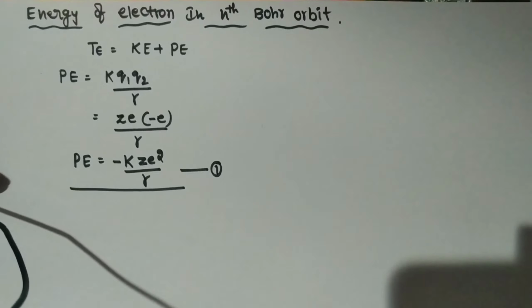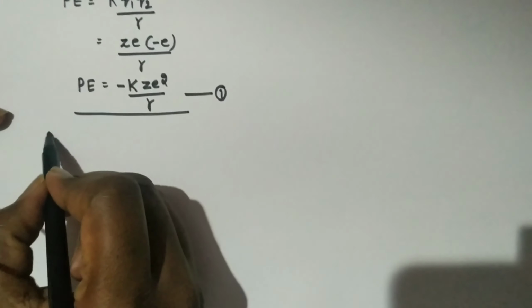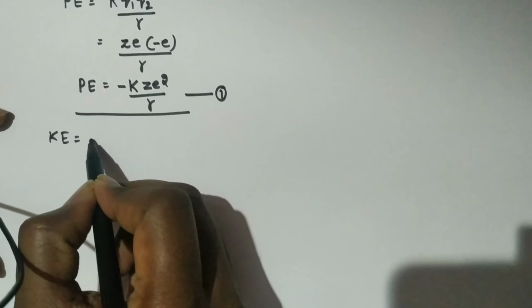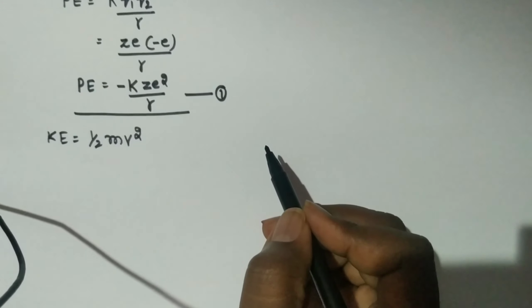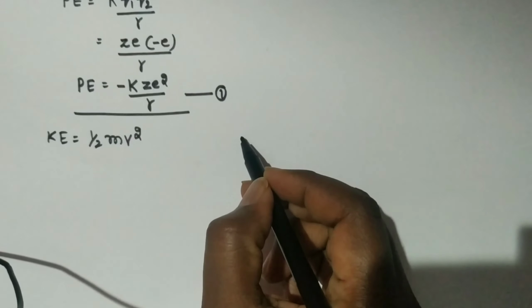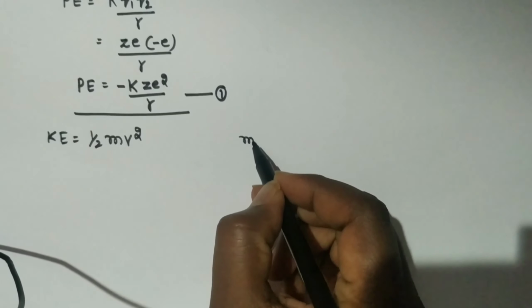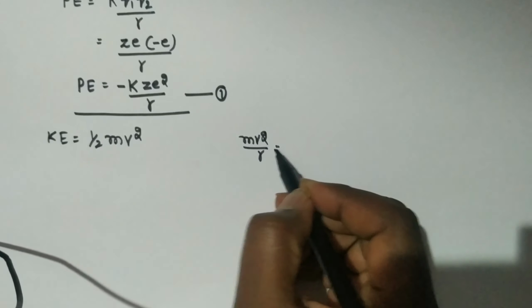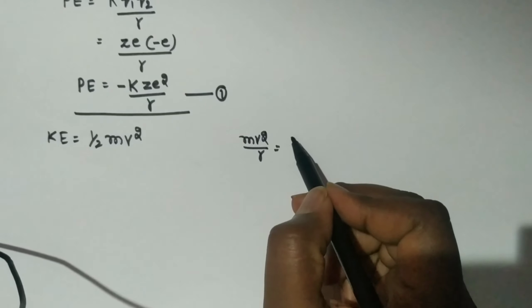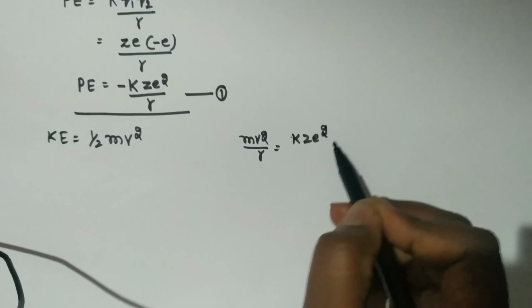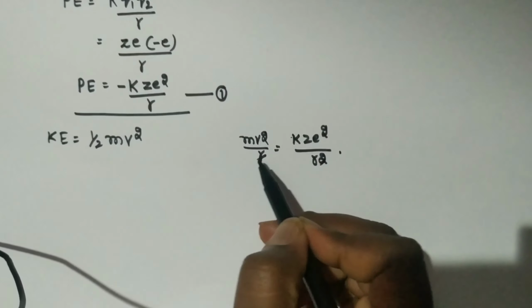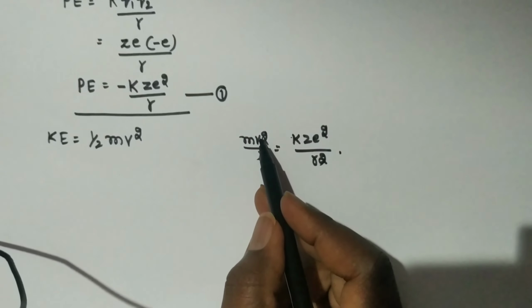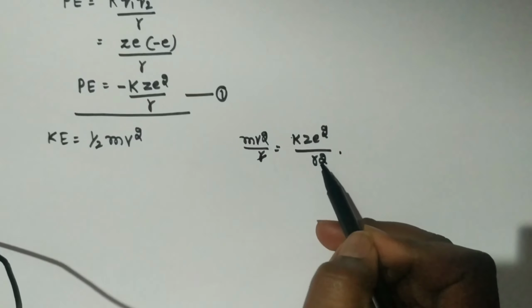Right. Now kinetic energy. We know that kinetic energy is equal to half mv square. Now according to Bohr postulates, we know another thing, that is centripetal force: mv square upon r is equal to K Ze square upon r square. Here one r and another r get cancelled, remaining mv square is equal to K Ze square upon r.